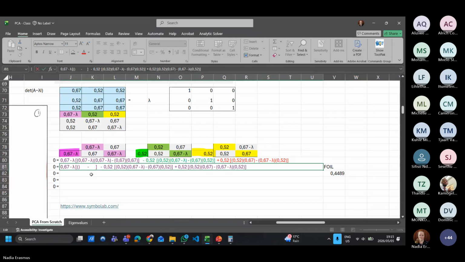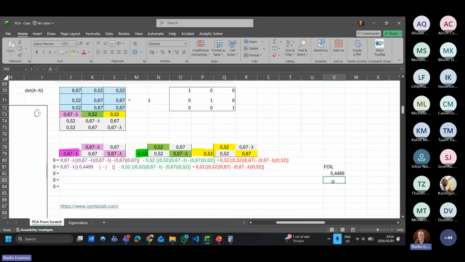First I'm going to fill in this first bracket. So we are solving this first bracket: 0.67 multiplied by 0.67 is 0.4489. Then we have minus lambda times 0.67.